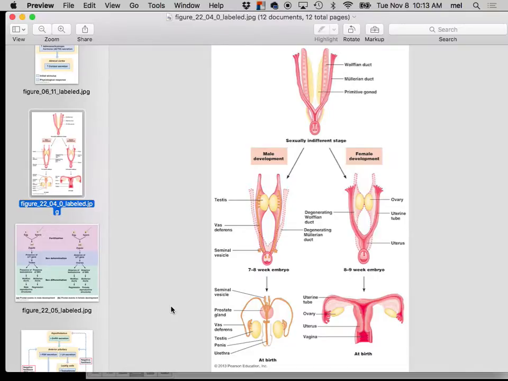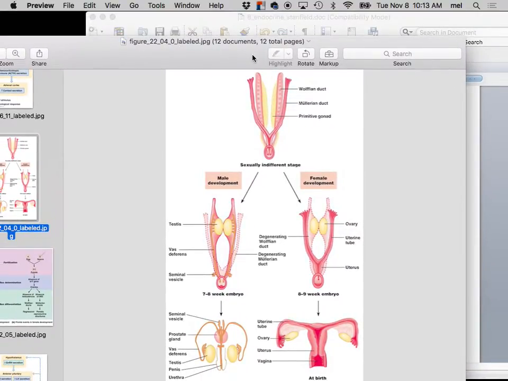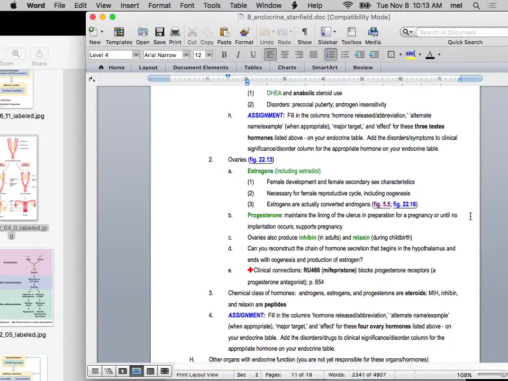Okay, so these are primary sex characteristics, just putting everything in the right place, and it pretty much stays there until you hit puberty. Then you get your secondary sex characteristics, which are not in this picture. Think about a girl going through puberty. You get bone mass and muscle mass growth, not as much as testosterone would cause, but you still get that. You get the change in body fat deposition, which makes you go from being shaped like a kid to shaped like a woman.